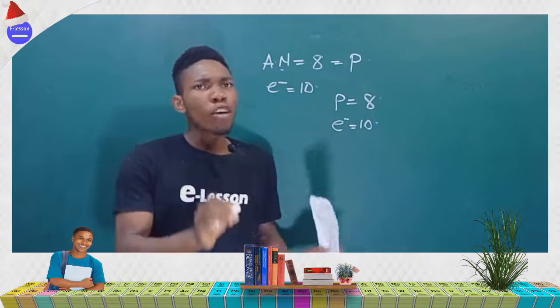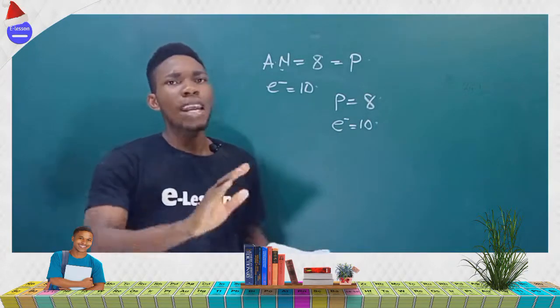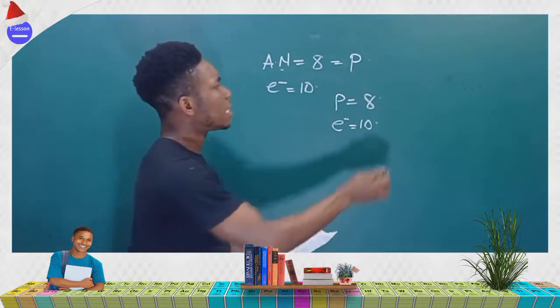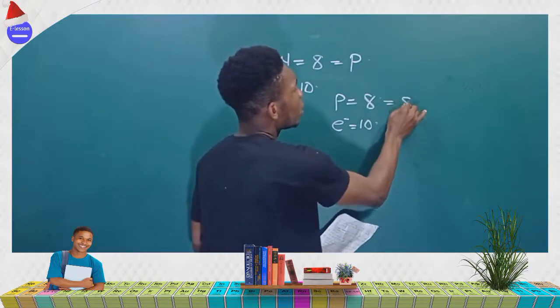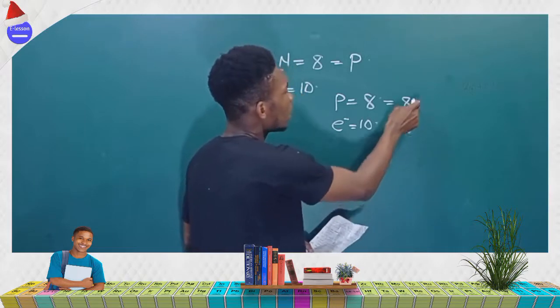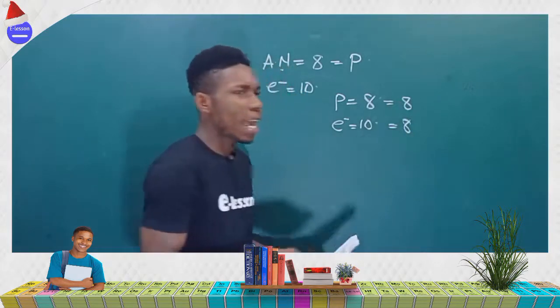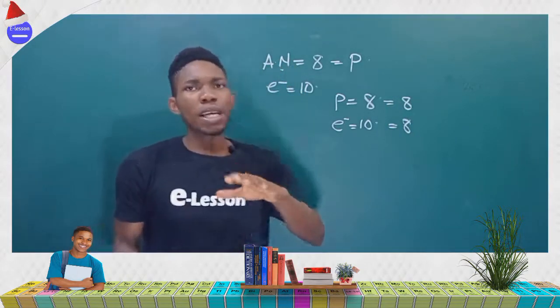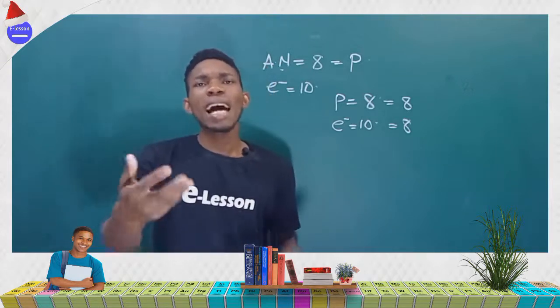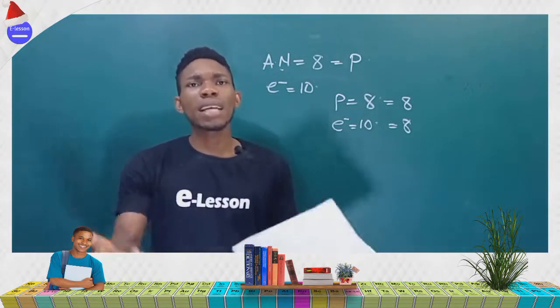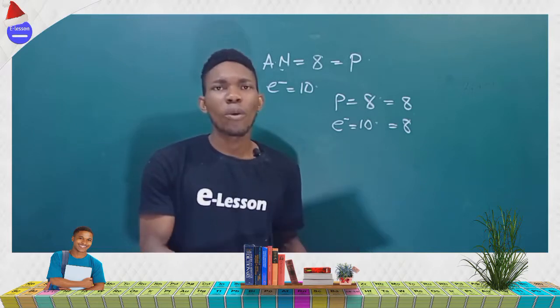Having known that the number of protons is equal to the number of electrons for a neutral atom, a neutral atom should have 8 protons and 8 electrons. But whenever an atom gains or gives out electrons, ions are formed.